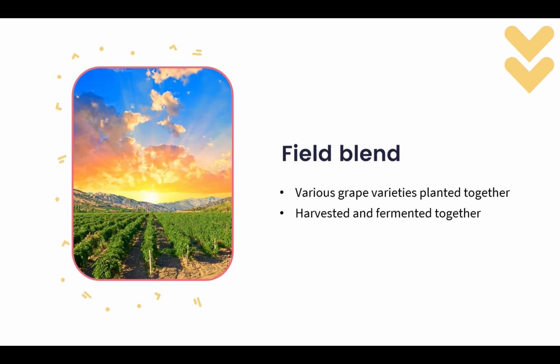Many vineyards in the Old World were planted this way. By harvesting the grapes of different varieties all together on the same day, some grapes will naturally be riper than others. So in the end, you get some grapes that are picked for ripeness and fruit, and others perhaps for color, and a third for acidity and structure. Field blends are a creative and unique way to showcase a vineyard's terroir.